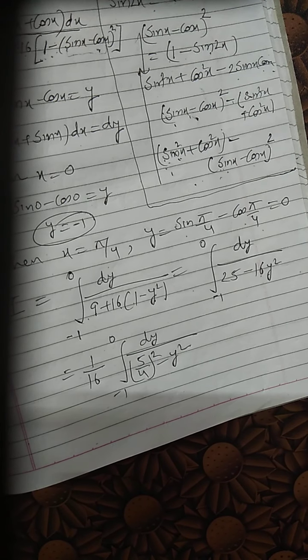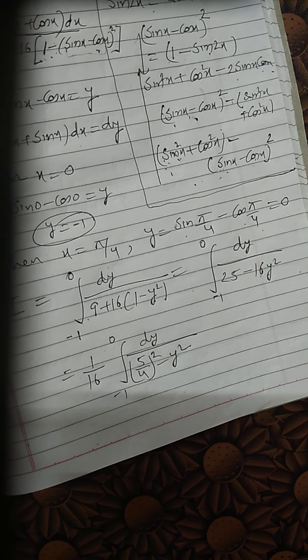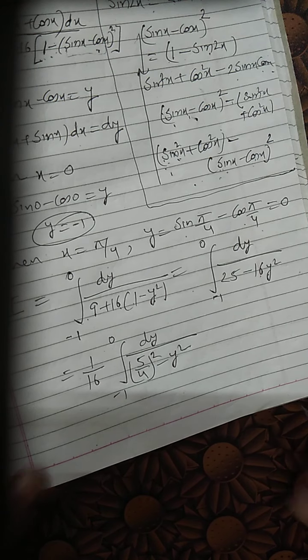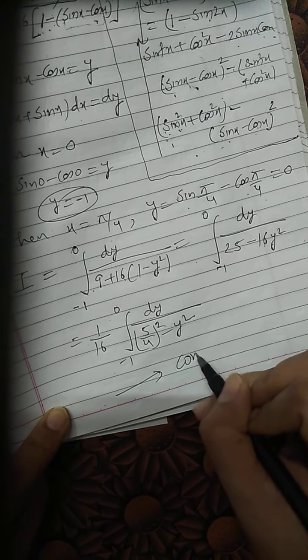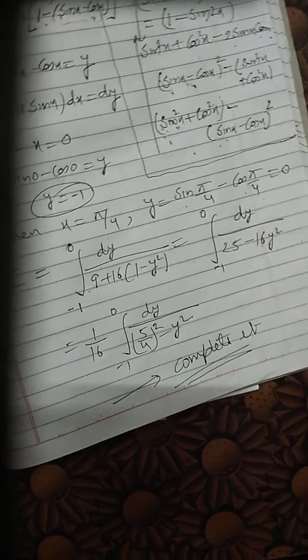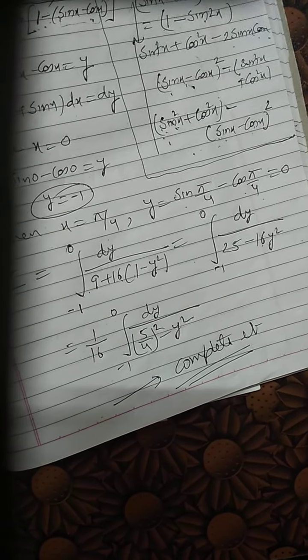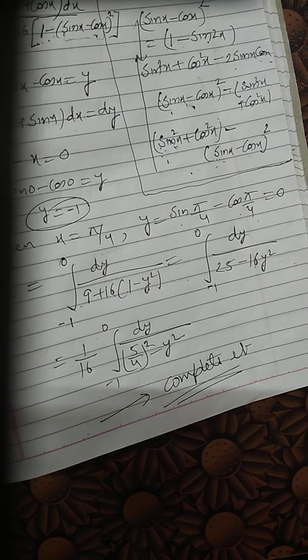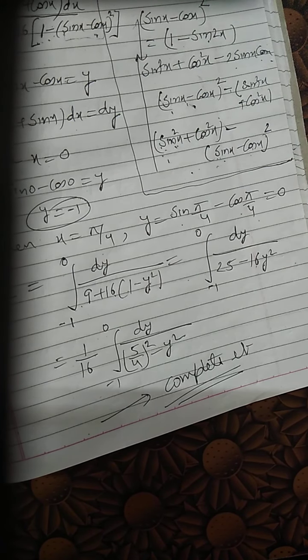And you people can apply the formula dx upon a square minus x square, which is 1 by 2a log of a plus x upon a minus x. That calculation part I am again leaving for you people. You have to just apply the formula, and after that just apply the limits. You are getting your answer. This was sum number 30.